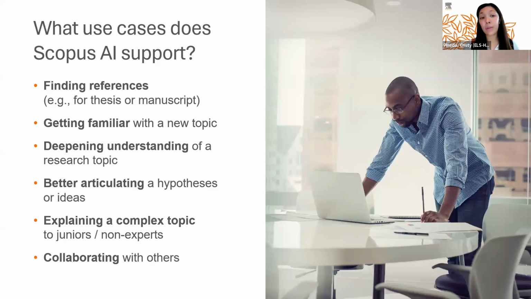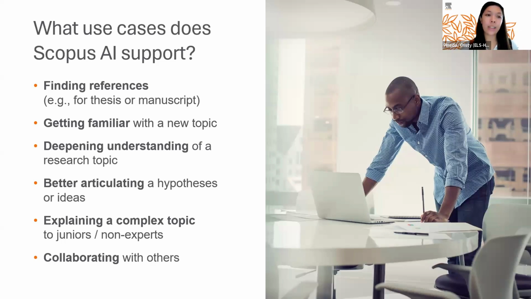Number one is finding references. So, of course, with Scopus.com, you get all of those links to abstracts, to papers, but sometimes the information are just too many and you have limited time. So Scopus AI would be able to give you the relevant and the credible information just in one click.